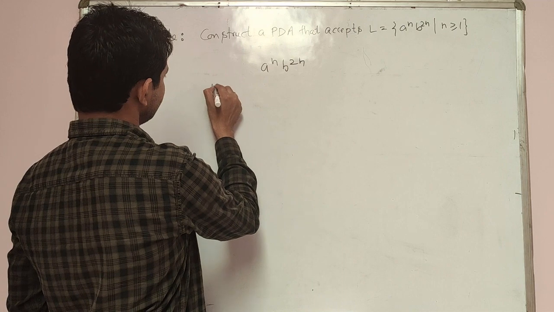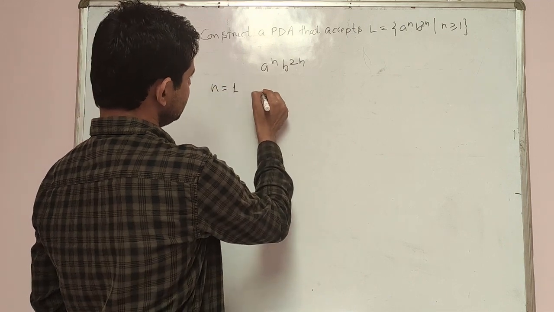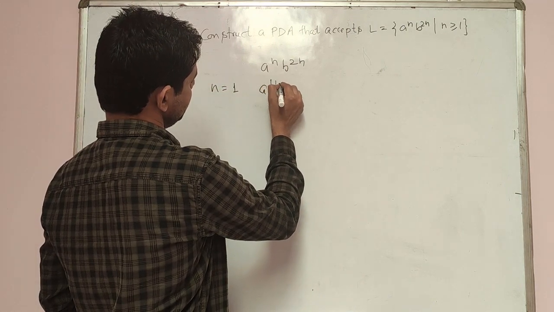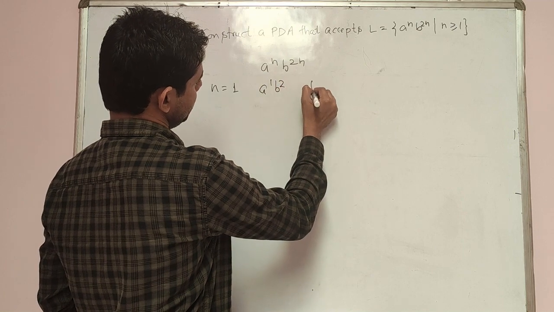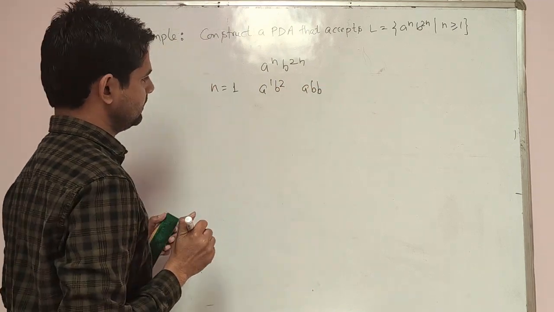For example, n equal to 1: it is a 1, b 2, so it is abb.